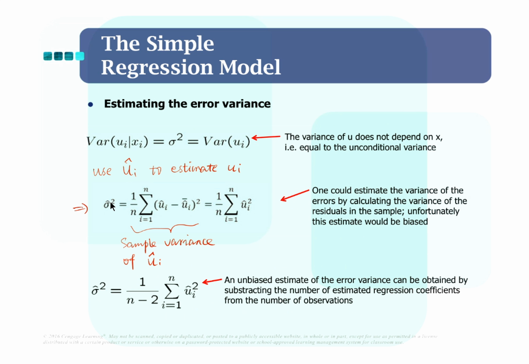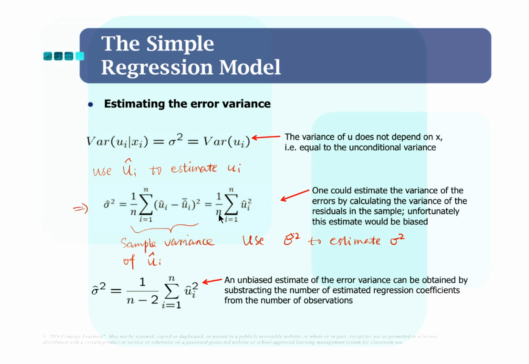We use this sigma hat squared to estimate sigma squared. And because of the property of ui hat, it will equal the sum of ui hat squared divided by n.